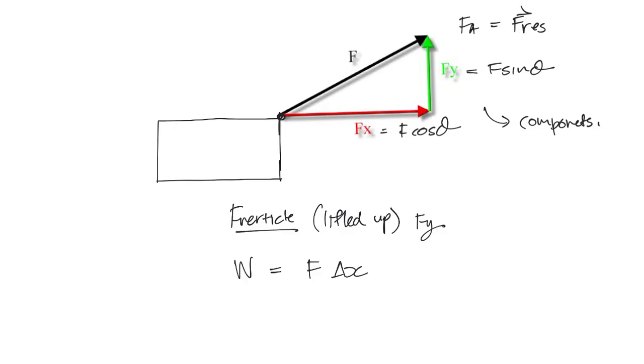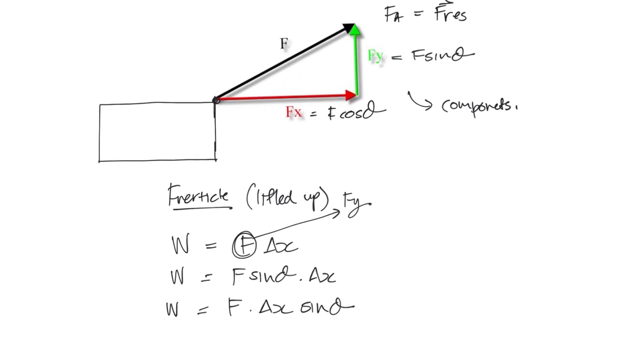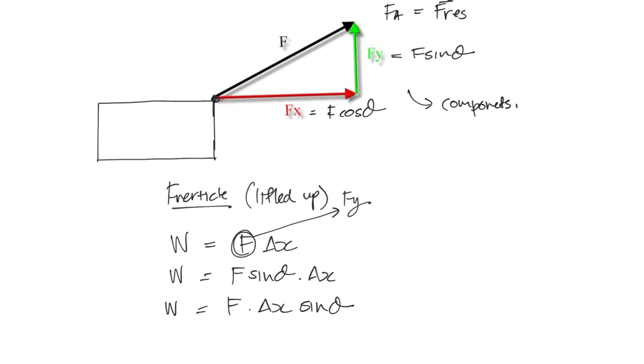I also know that work would be equal to this force, which is Fy, so I'll have F sine theta times delta x. And that gives me W is equal to F delta x sine theta. So that's if my object was moving in a vertical way, being lifted up.